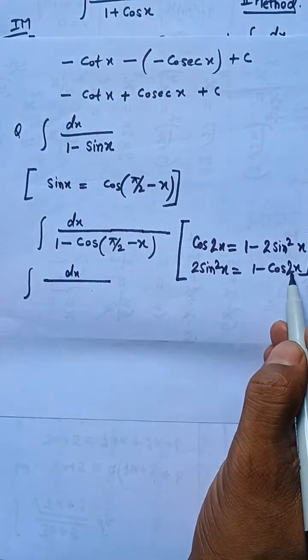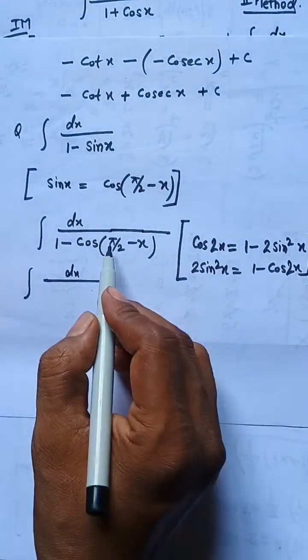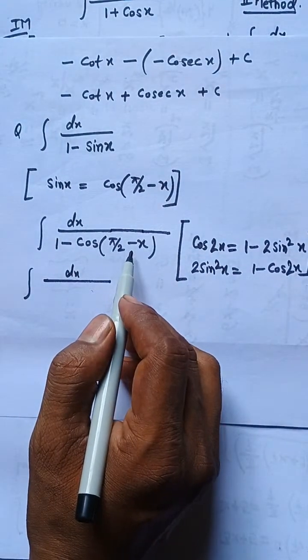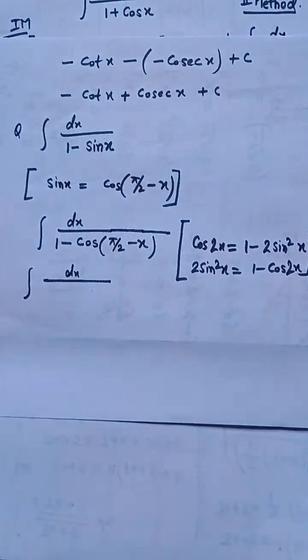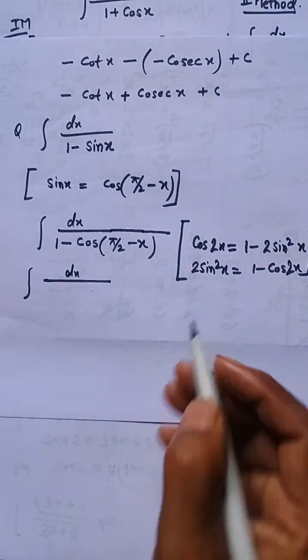We know one formula: cos 2x equals 1 minus 2 sin square x, so 2 sin square x equals 1 minus cos 2x. I can use this here. So this 1 minus cos pi by 2 minus x can be related to 1 minus cos 2x. Instead of 2x, we have pi by 2 minus x. I can put that there.